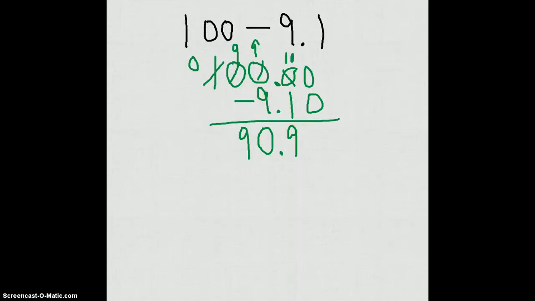Next, let's look at some multiplication problems. We have the following problem: 3.7 times 0.21.